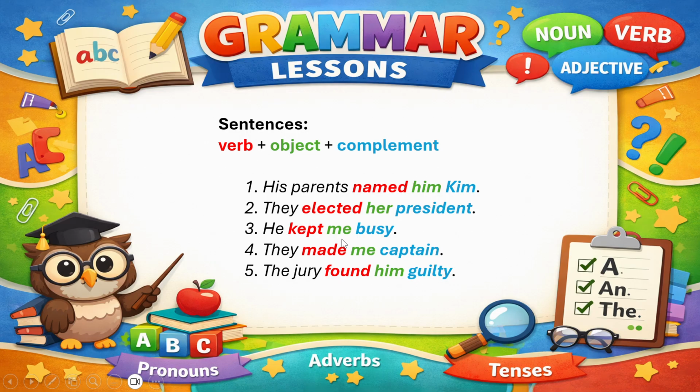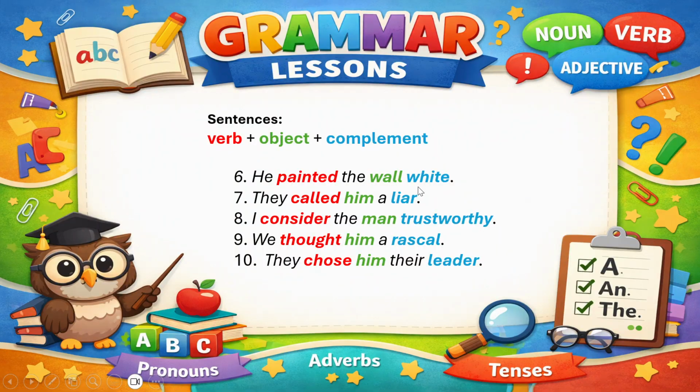He kept me busy. Here, busy is the complement and tells us something more about me. They made me captain. Captain tells something about me. And the jury found him guilty. Guilty tells us something more about him.